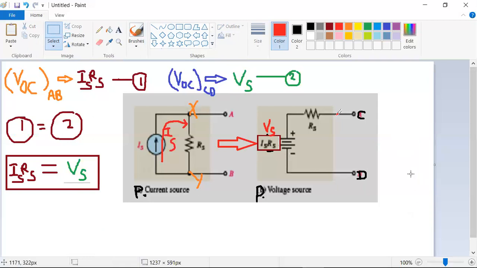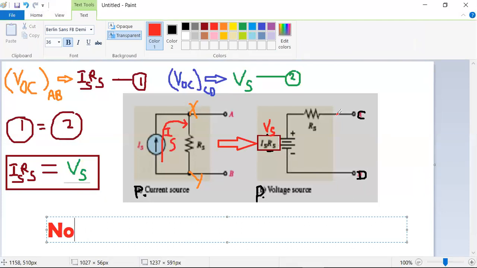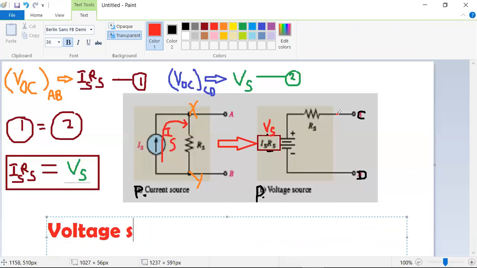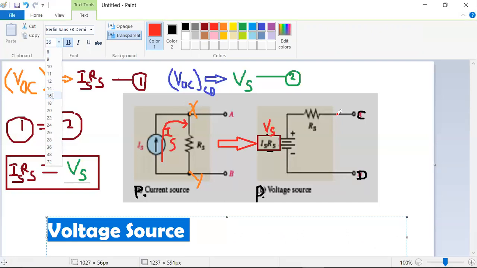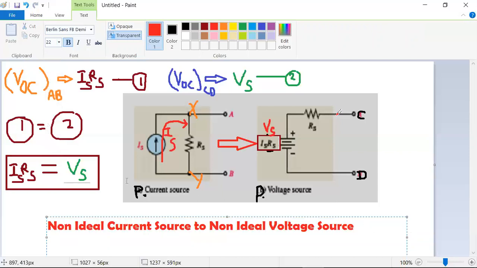Right. So this is the conversion, let me write the name of the conversion: non-ideal current source to non-ideal voltage source. This is one type of transformation.